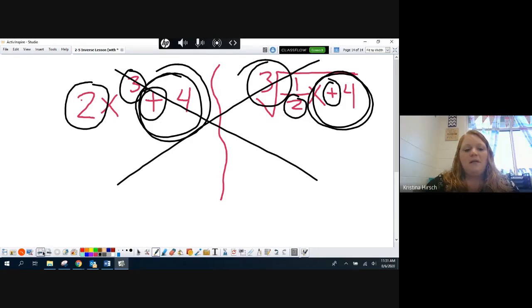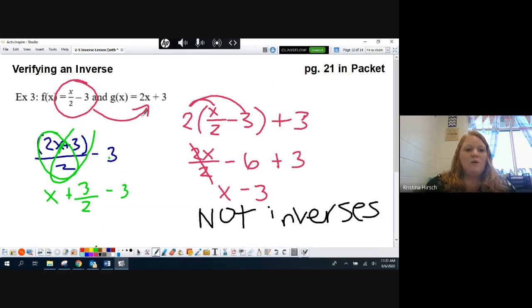But I don't want you to completely rely on that. It's a quick way to find out they're not inverses, but it doesn't always work because you'll notice here, divide by 2, multiply by 2, minus 3, plus 3. So you'll notice that those are kind of inverse operations, but look what happened. They were not inverses. So that doesn't guarantee that just because you see those inverse operations that they're going to be inverses of each other.